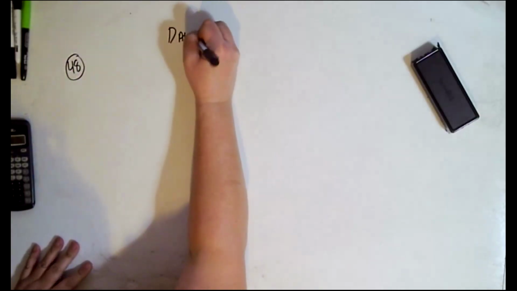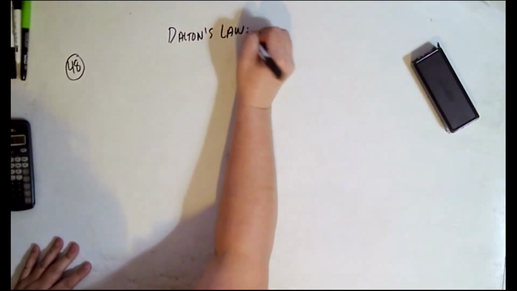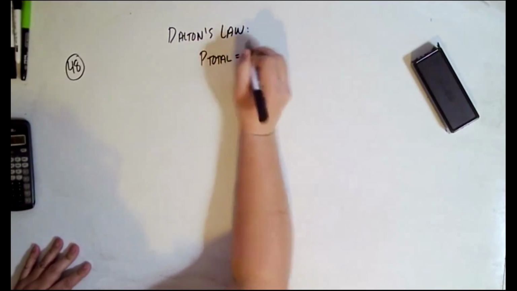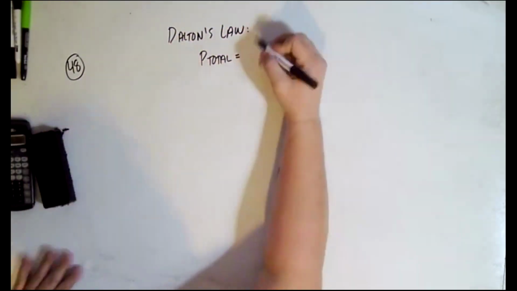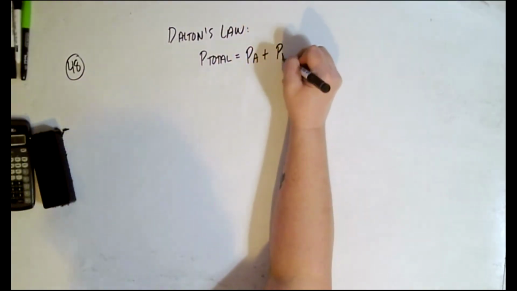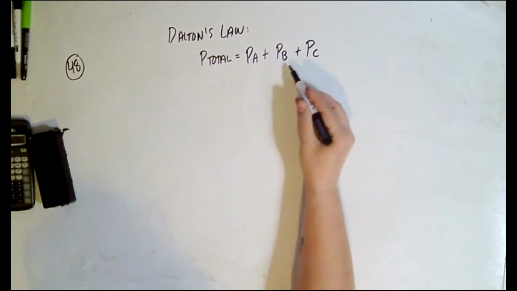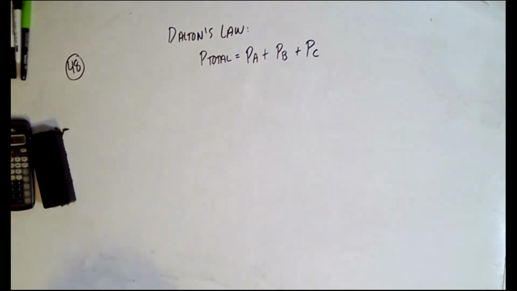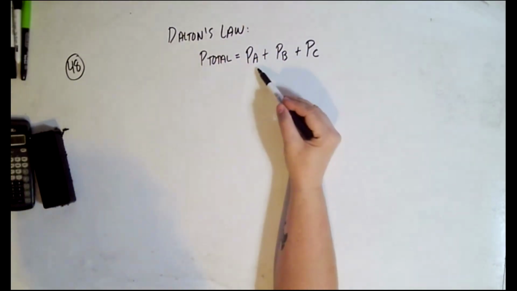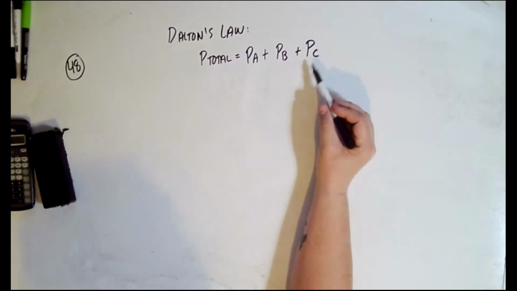Remember that Dalton's law of partial pressures tells us that our total pressure is going to be the sum of all of the partial pressures in our mixture. So in this case, we have three gases that make up our mixture. We have gas A, B, and C. So what Dalton's law tells us is that our total pressure is going to be gas A pressure plus gas B's pressure plus gas C's pressure.